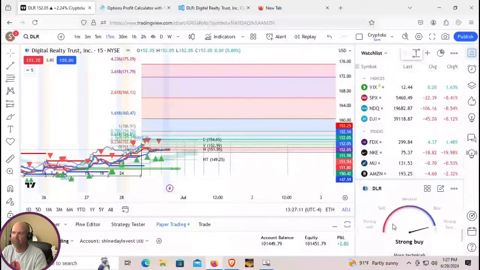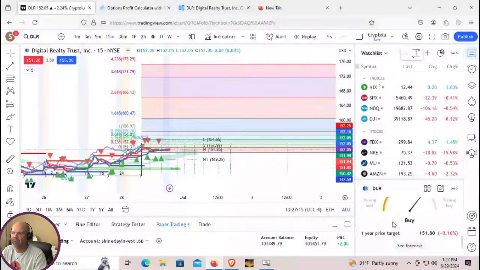So the technical is strong buy and the analysis, it's a buy. Let's take a look at this one.